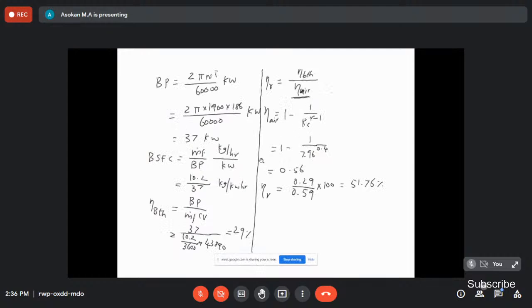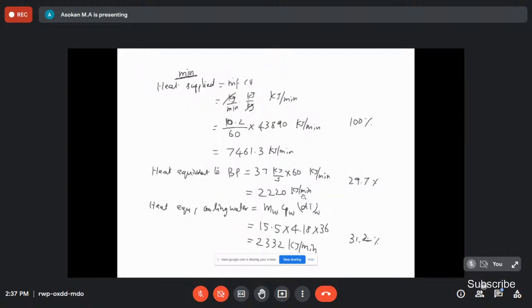The compression ratio is also given in the question, 1.96. So you substitute here. Gamma for air is 1.4, so 1.4 minus 1 is 0.4. Then it gives me 0.56. Then the relative efficiency is 51.76.